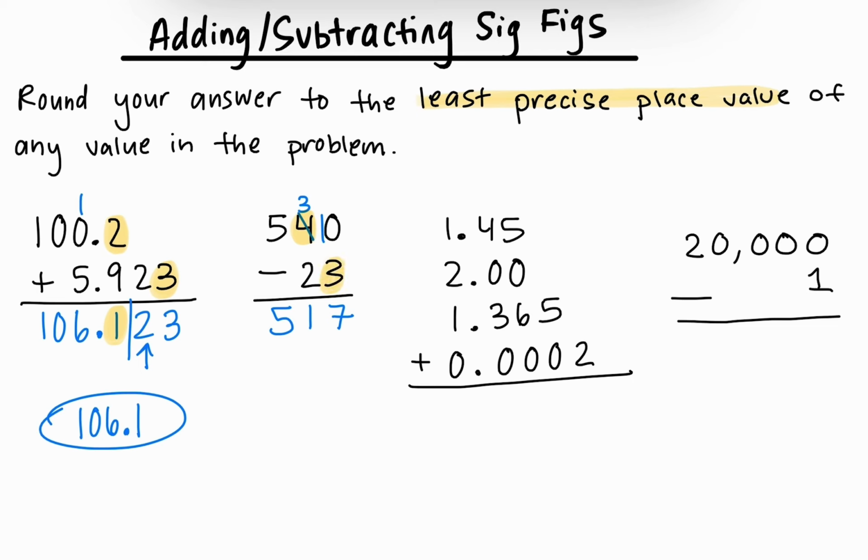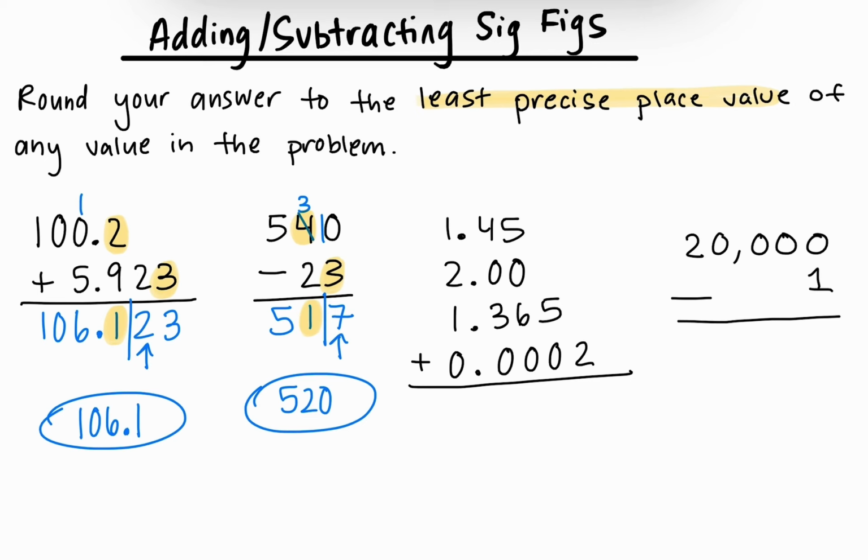So the least precise place value would be the tens place. So our answer can only be accurate to the tens place. So we're going to go ahead and cut it off after. Look at this value to see if we have to round. It is greater than 5, so we're going to round that 1 up to 2. So our rounded answer would be 520.